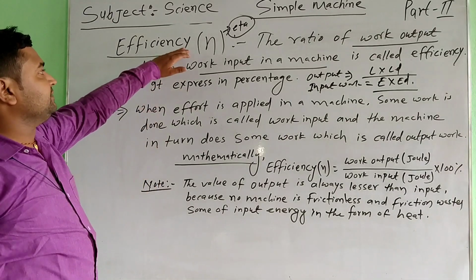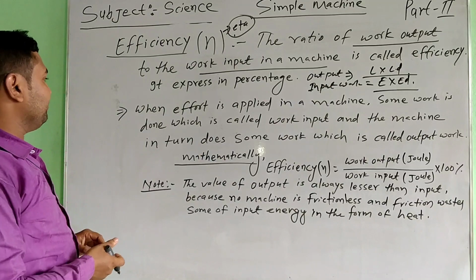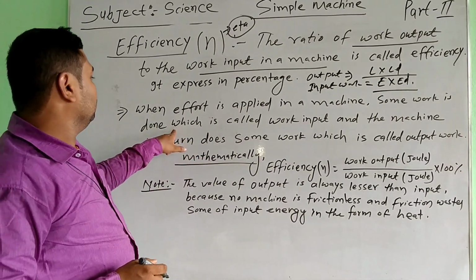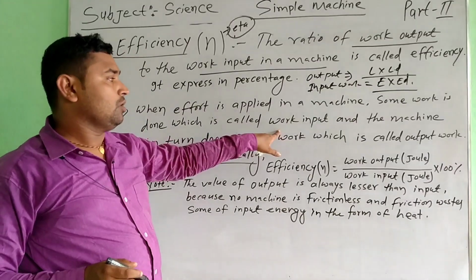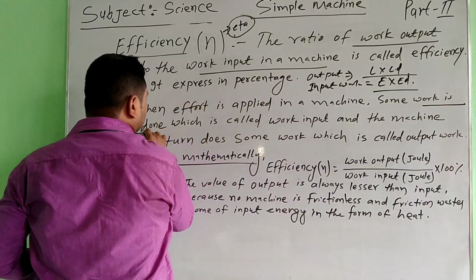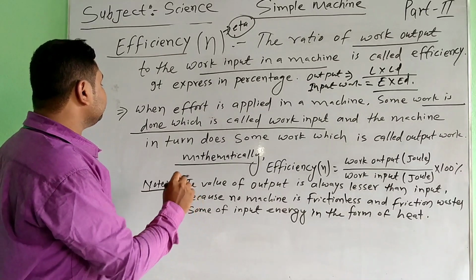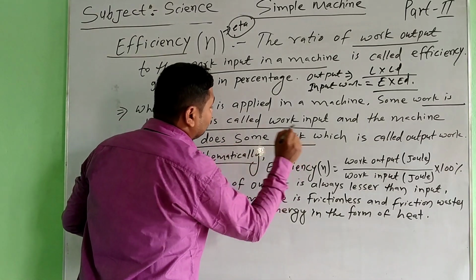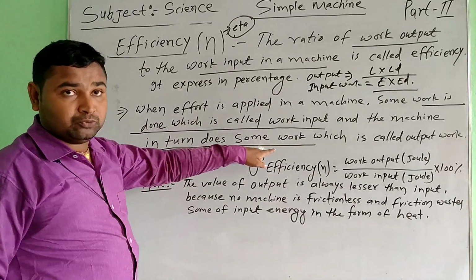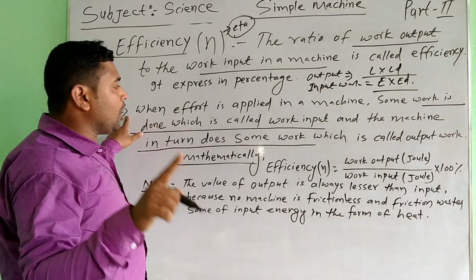Efficiency is also denoted by eta. Now when the effort is applied to the machine, some work is done, which is called work input, and the work the machine does is called output work.